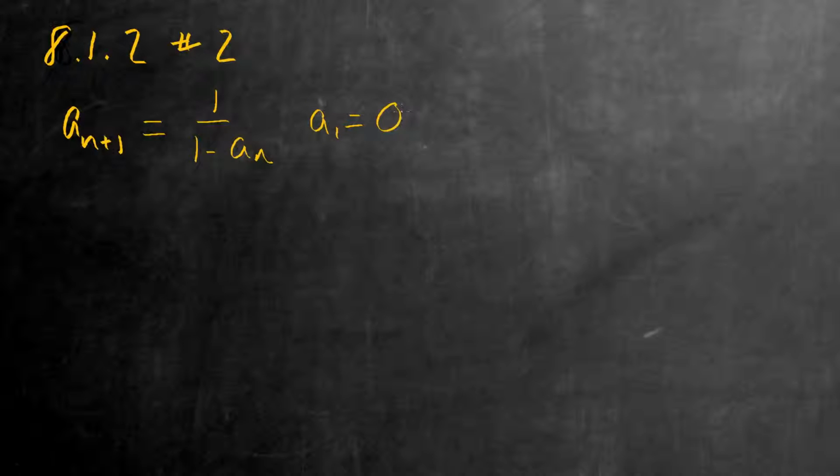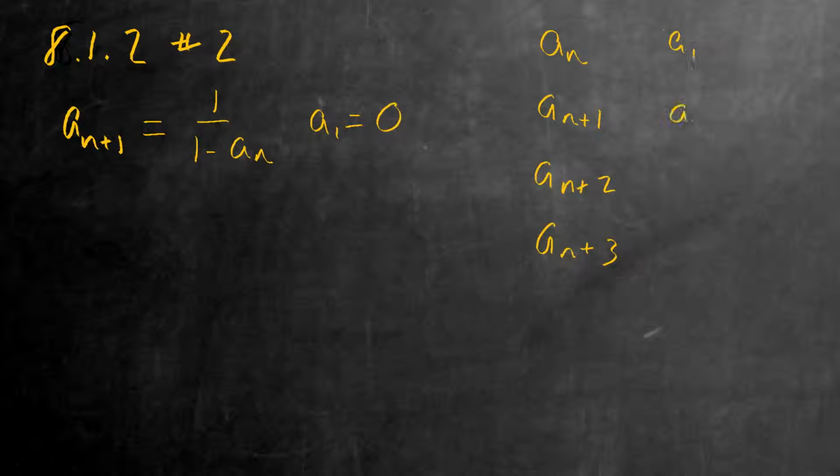So in any sequence, just a little refresher, a(n) is this term, the next term is a(n plus 1), the next term is a(n plus 2), the next term is a(n plus 3). So, you know, if this is the first term, this is the second, this is the third, this is the fourth. It's really kind of all we need.